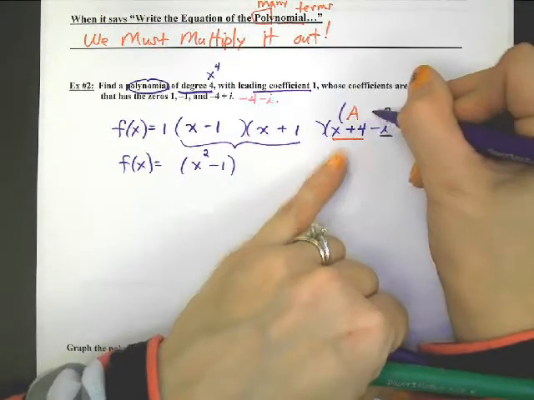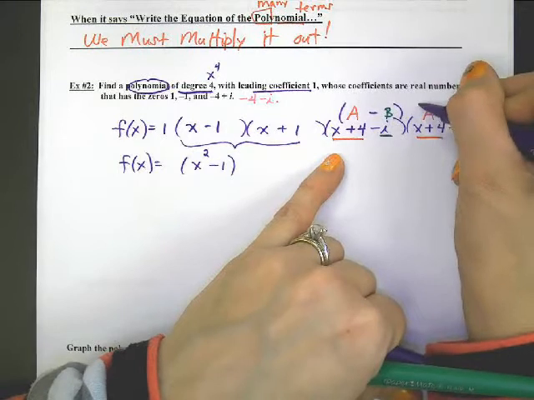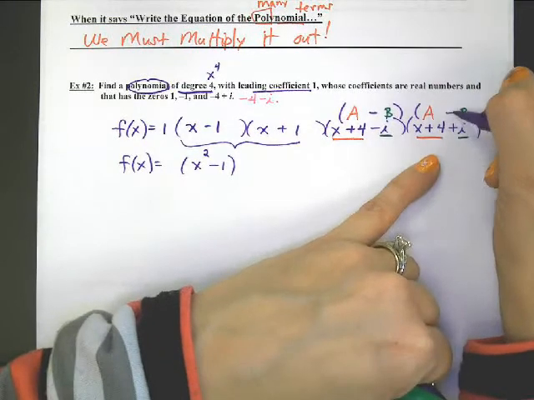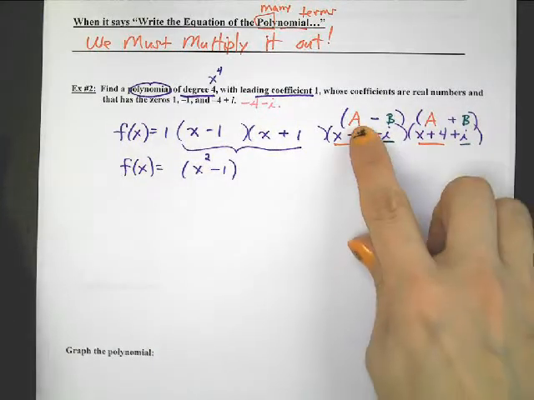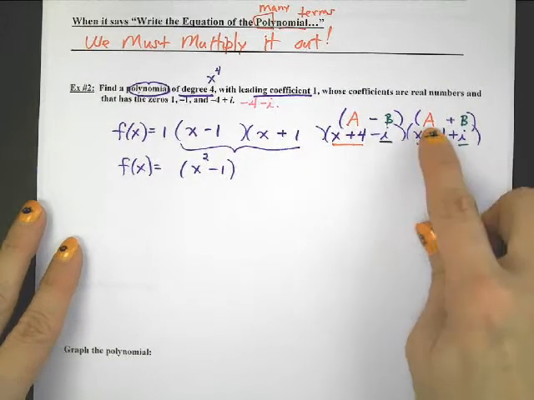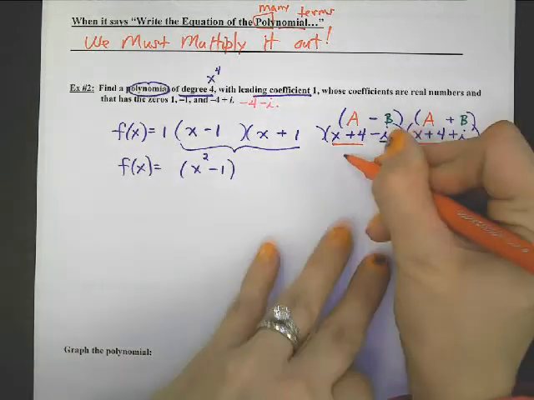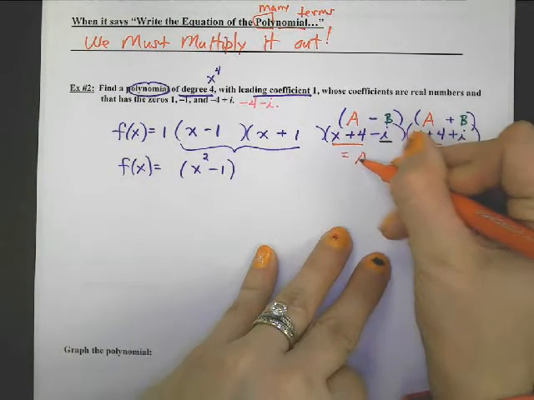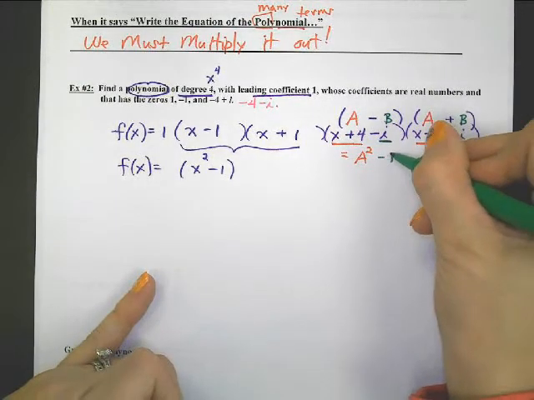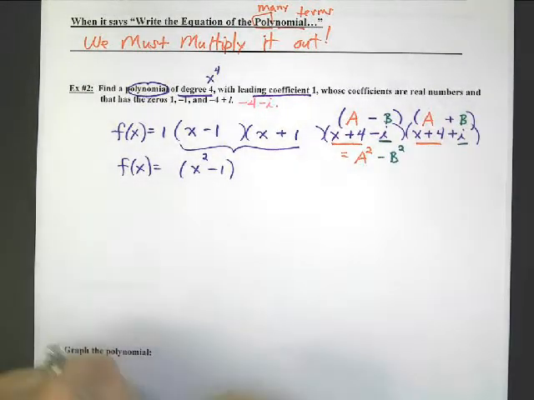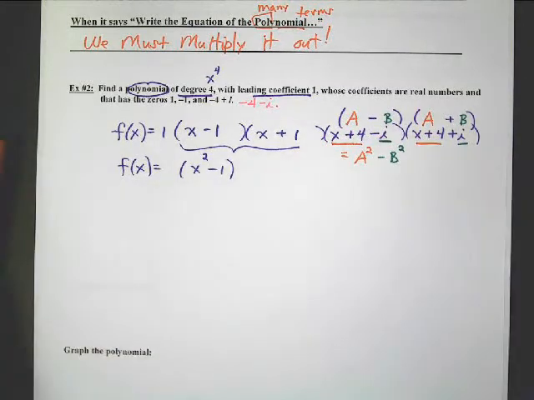It's asking us to do A minus B times A plus B. Isn't that really easy? A minus B times A plus B? Because doesn't that make A squared minus B squared? Okay, and that's exactly what we're going to do.